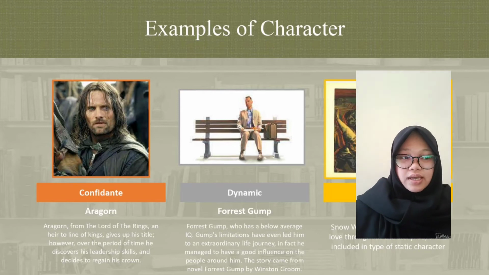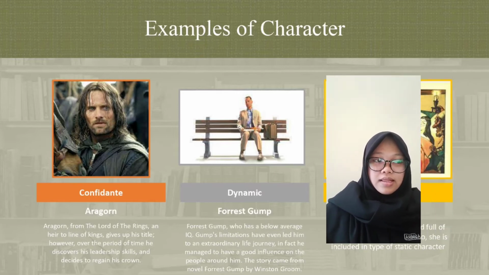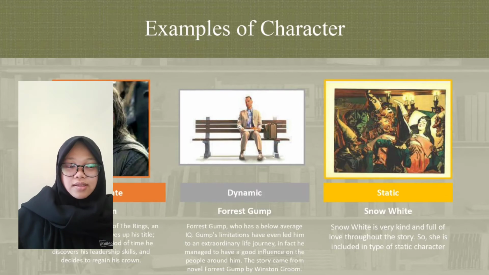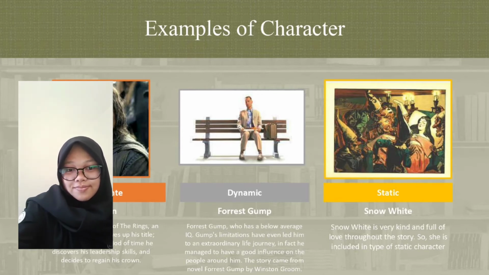The story came from the novel Forrest Gump by Winston Groom. And the last is static. An example of a static character is Snow White. Snow White is very kind and full of love throughout the story, so she is included in the type of static characters.